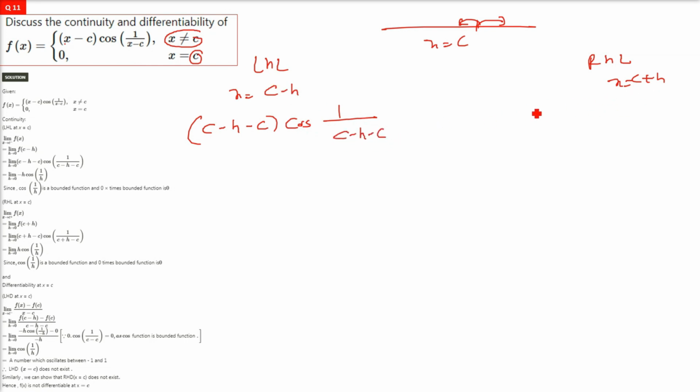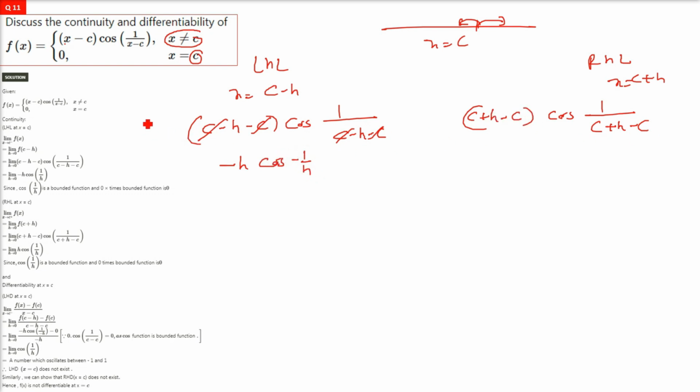Here also the same thing: this is c plus h. So x is c plus h minus c, cos 1 by (c plus h minus c). So this goes negative h cos of minus 1 by h. And this cos minus theta is plus cos theta.